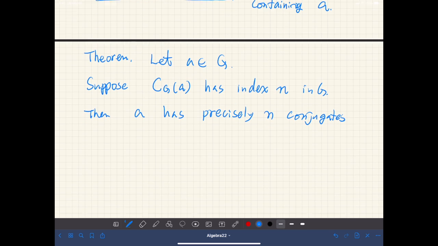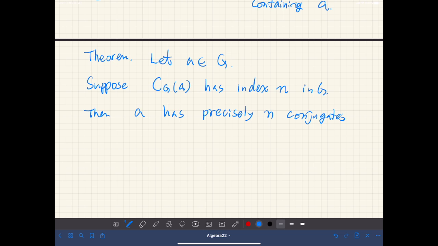Now here there are lots of terms we should review. So what is a centralizer of A? And what is an index? For your information, the centralizer of A is all elements x of G such that x inverse A x is equal to A. So it is a subset of G in which A becomes a central element.